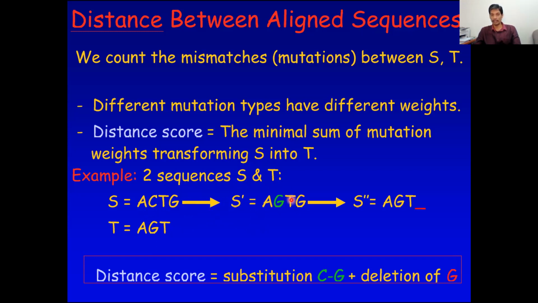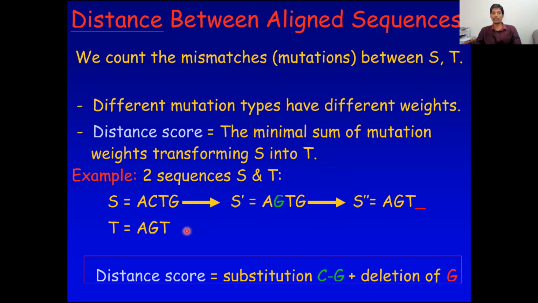So one mutation here, and then AGTG needs to become AGT, right? So the last G is deleted, so it becomes AGT. So what happens? One substitutional mutation, one deletion mutation. For one substitutional mutation you give a negative value, for one deletion mutation you give another negative value. So overall, the distance score will be a negative score.